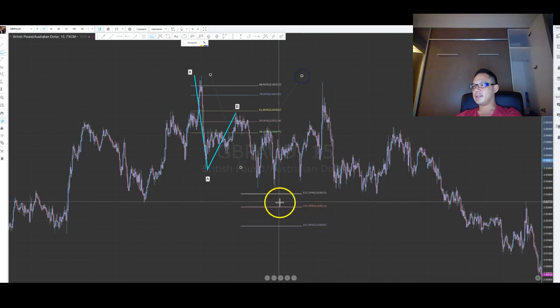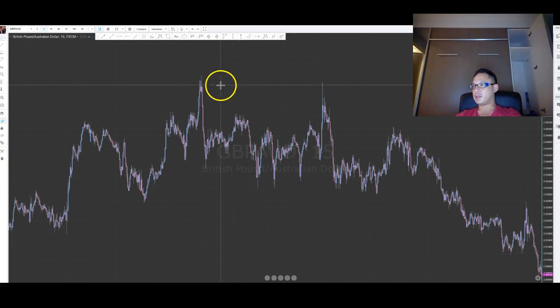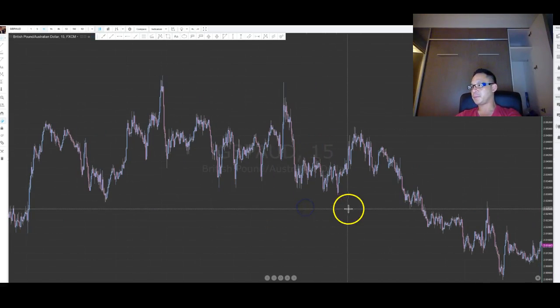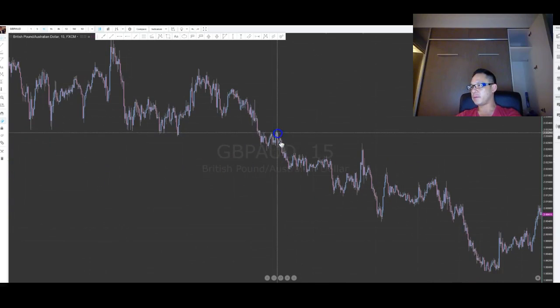Now you can see here that it doesn't actually touch it, so therefore the pattern's not valid at all. Not far off, but it's not valid. This could have been a pattern, because we had a completion around here, so that could have been a trade entry either way. But again, these are the rules, and they're the rules. That's it. So we'll just look for another one.